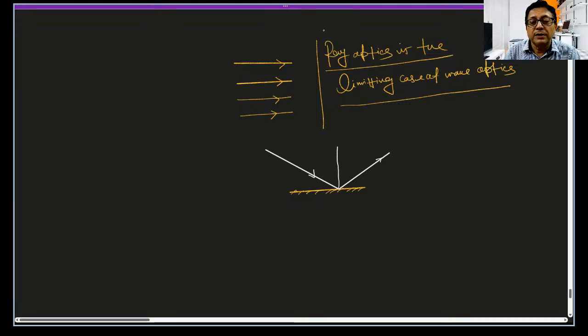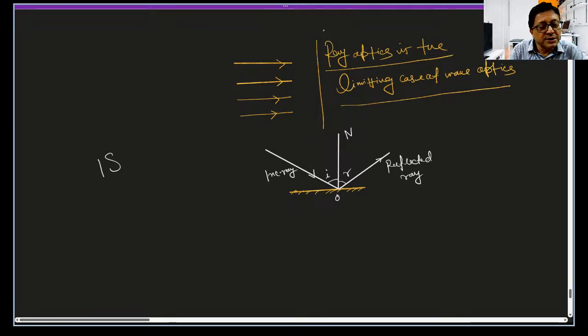This is the normal, drawn at the point of incidence. This is the incident ray, this is the reflected ray, this one is the angle of incidence, this is the angle of reflection, and this one is the normal, drawn at the point of incidence.